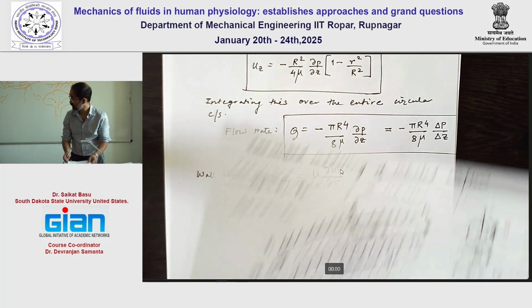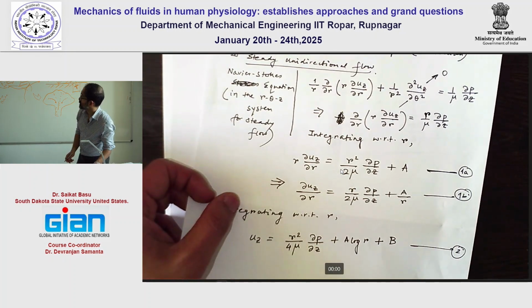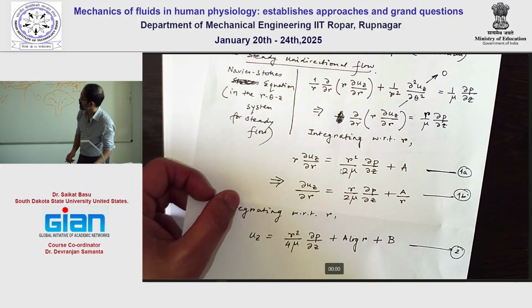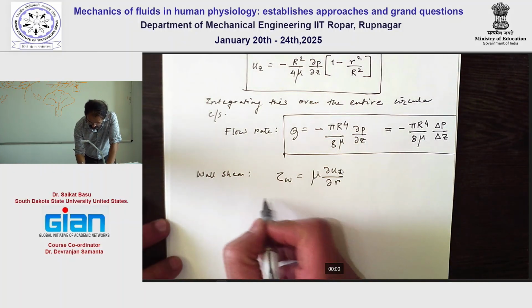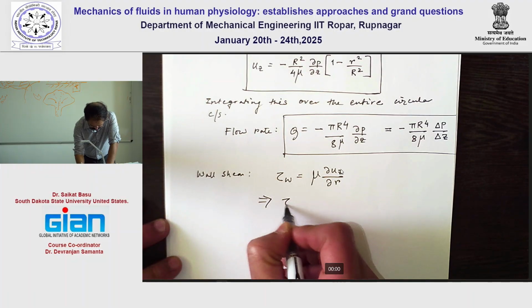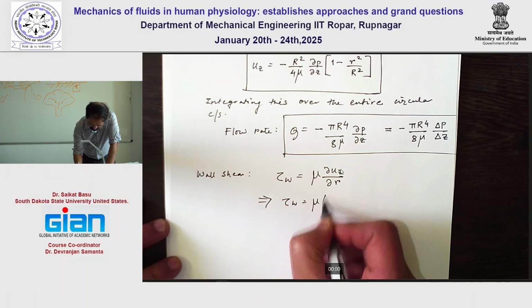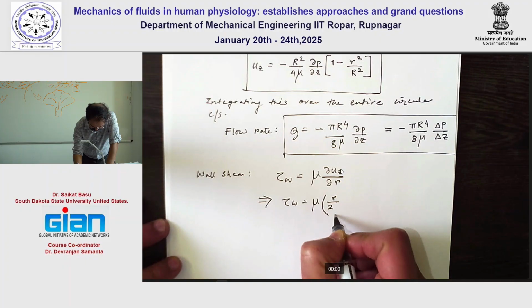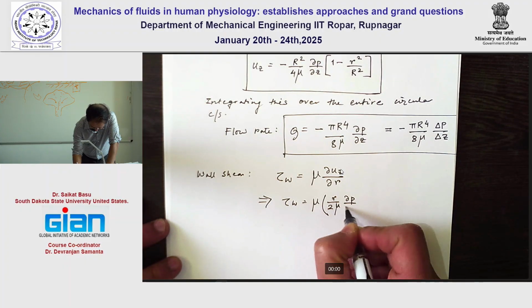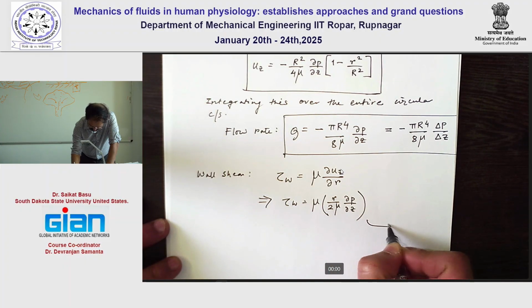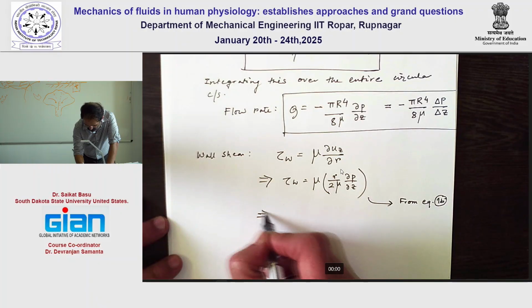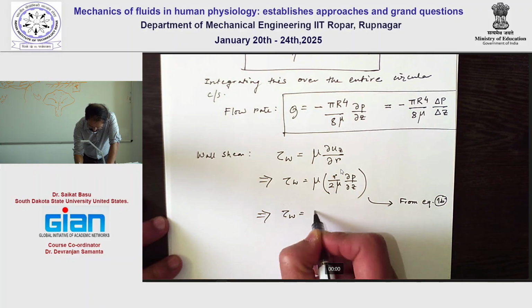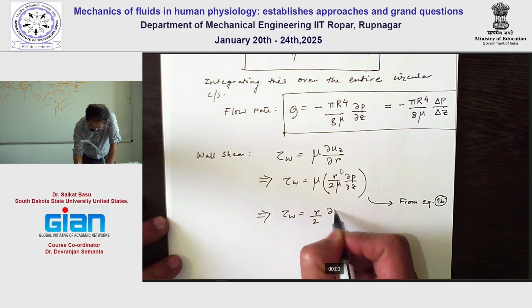So we can directly apply this equation 1b to write what it is, A being 0. So tau wall, tau w, is mu r over 2 mu del p del z. So from equation 1b, therefore tau w is r over 2 del p del z.